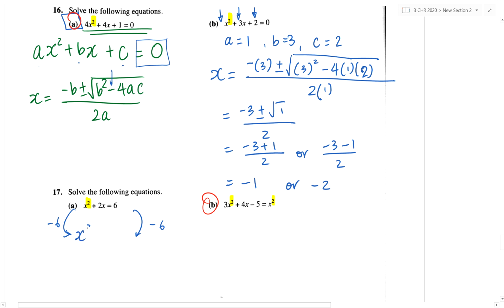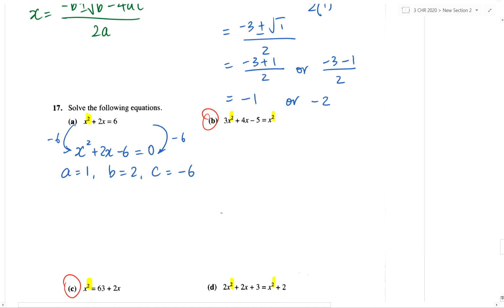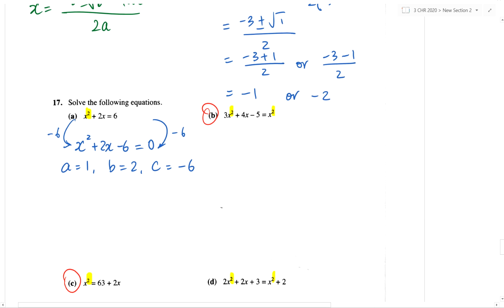So now we end up with x squared plus 2x minus 6 on the left hand side, after I take away 6, is equal to 0. Now I have it in the form ax squared plus bx plus c equals 0, where a is equal to 1, b is 2, c is negative 6. Continue with your substitution.